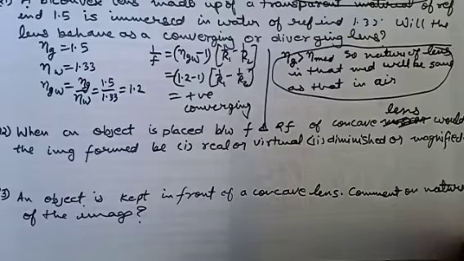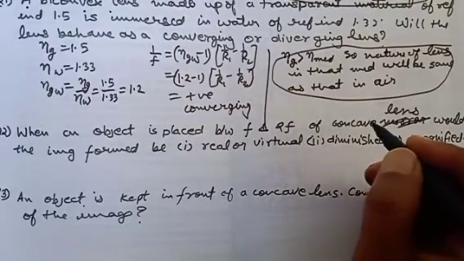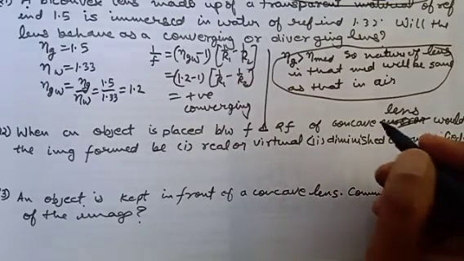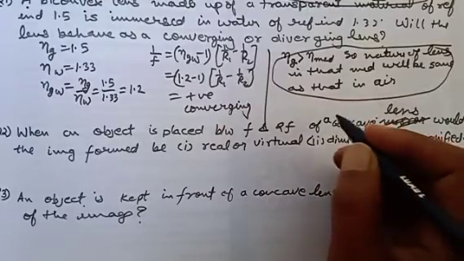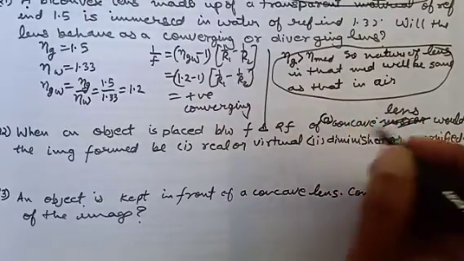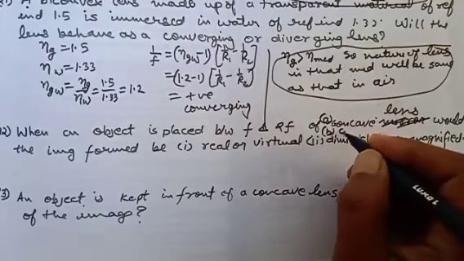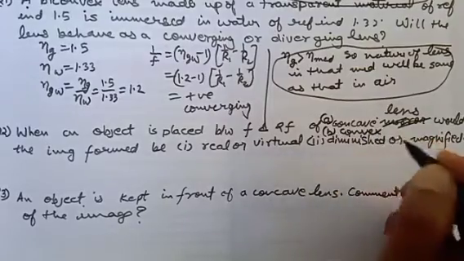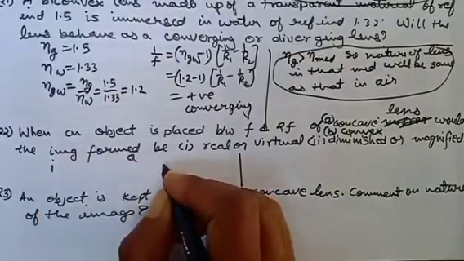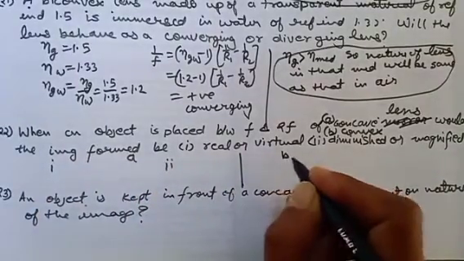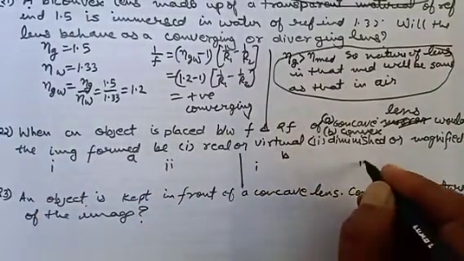So when an object is placed between f and 2f of a, A part concave lens, B part convex lens. So now A part has two more parts, and B part has two more parts.